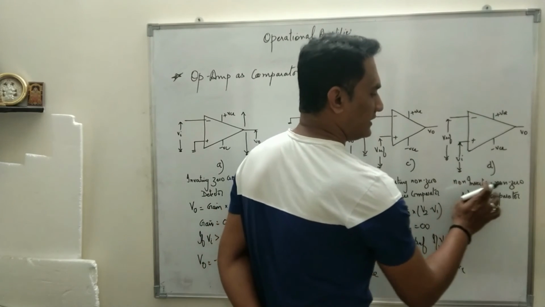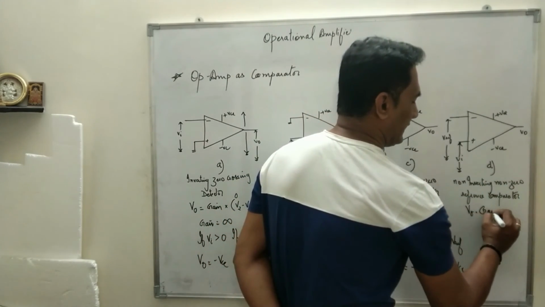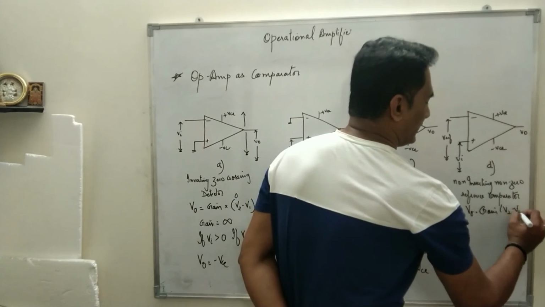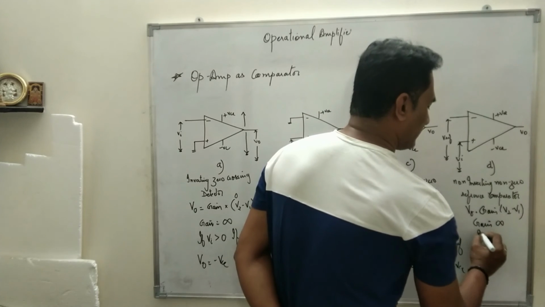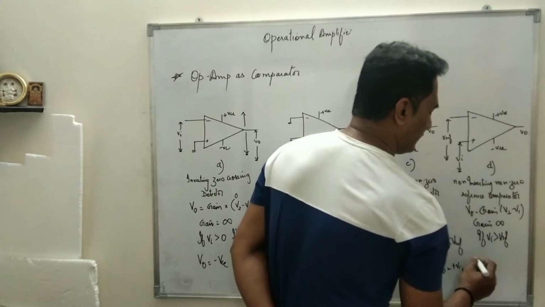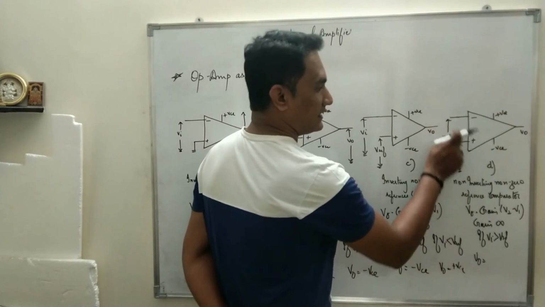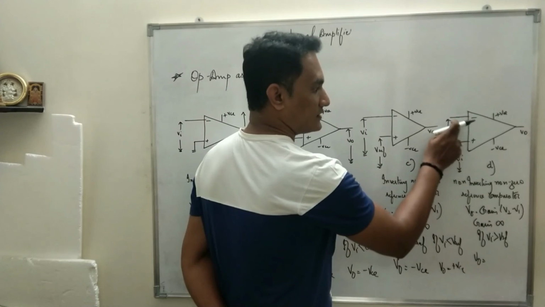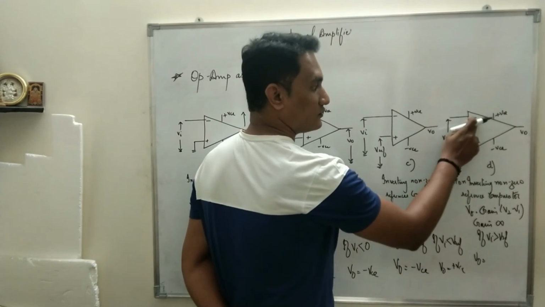Last one, non-inverting non-zero reference comparator. V0 is gain multiplied by V2 minus V1. Gain is infinite. If Vi is greater than V reference, Vi is applied to the non-inverting terminal and V reference to the inverting terminal.